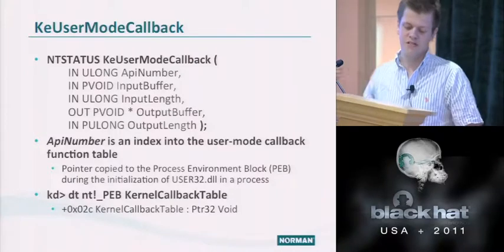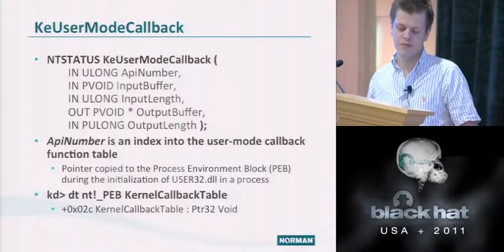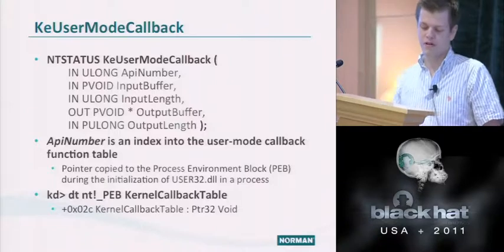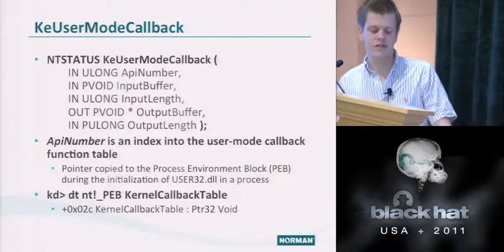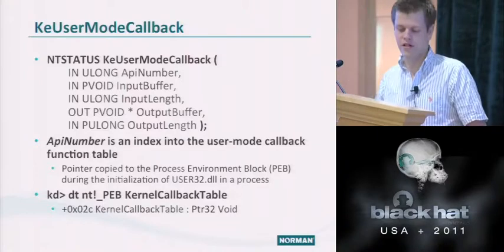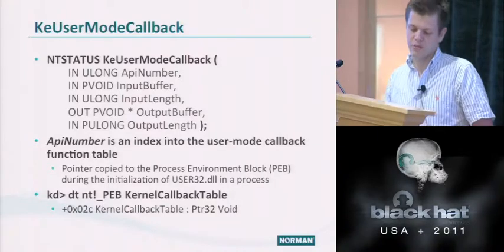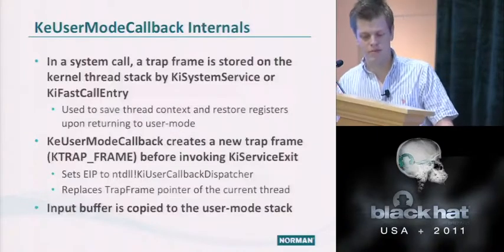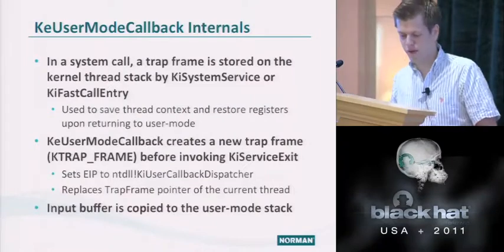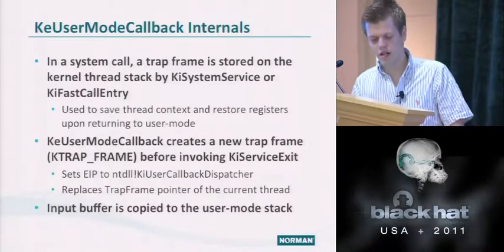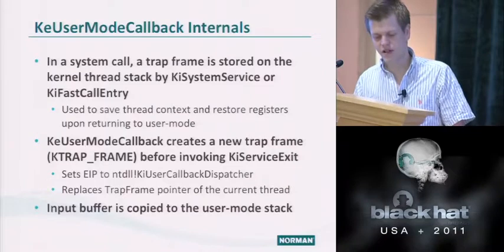When it makes the transition back to user mode, it looks up the pointer to this table, and that table is stored in user32.dll. This may not make much sense, but maybe this slide or the next slide will be better to look at. I'll just go through this first.